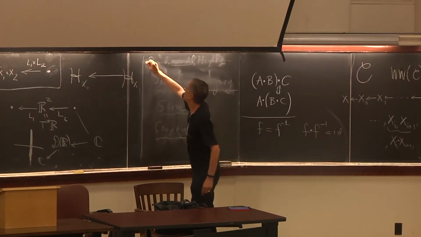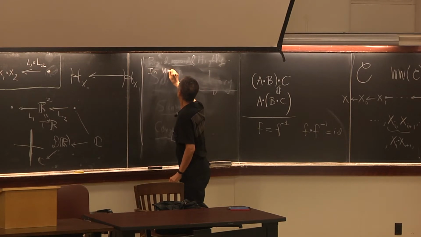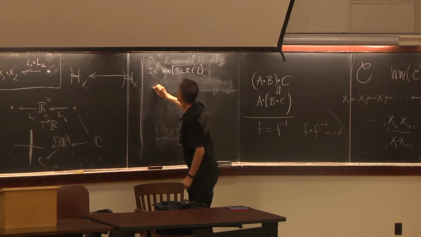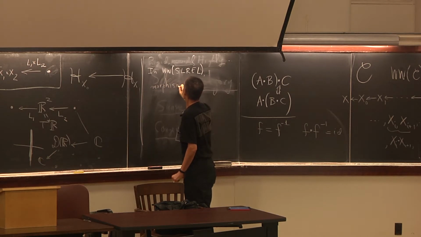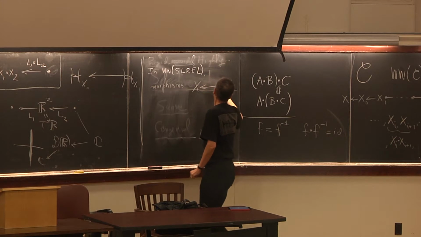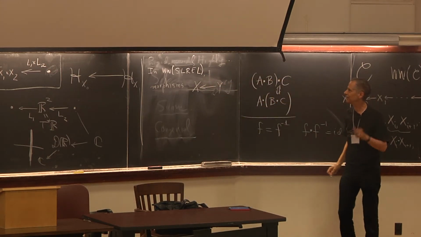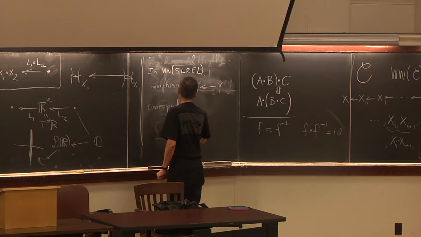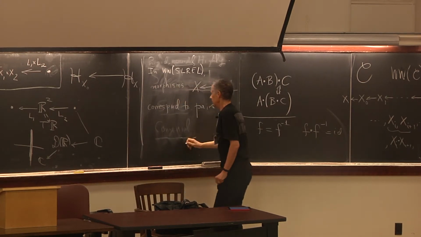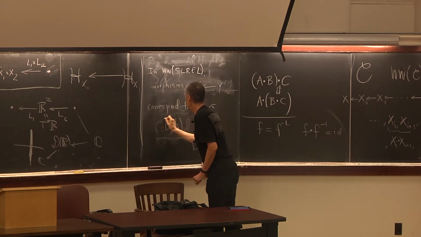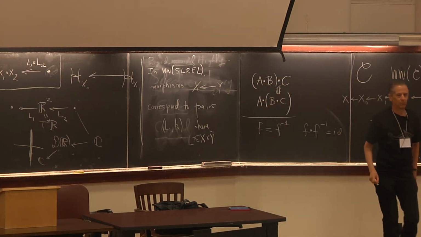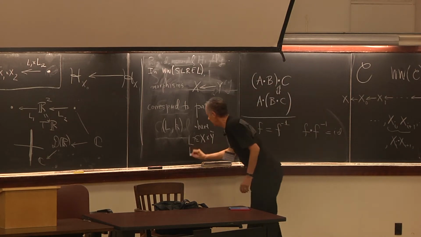We can prove that in SLREL, the morphisms between two symplectic vector spaces, we'll always assume finite dimensional here, I didn't say that earlier, correspond to pairs (L, K), where L is a Lagrangian subspace of X cross Y bar, which is a usual morphism in the original category, and K is a non-negative integer.